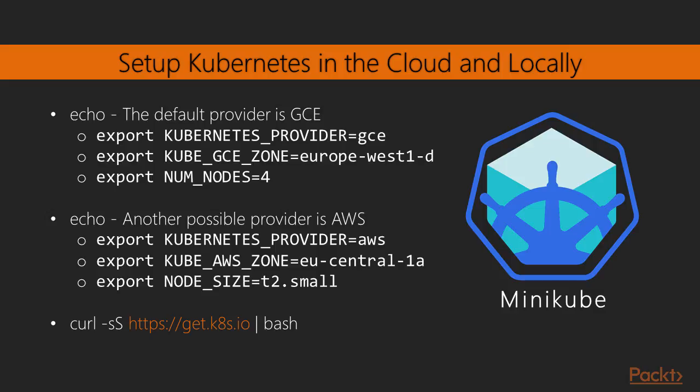So just export a few environment variables and then issue the curl request you see here. And after maybe 30 minutes, you have a running Kubernetes cluster in the cloud.